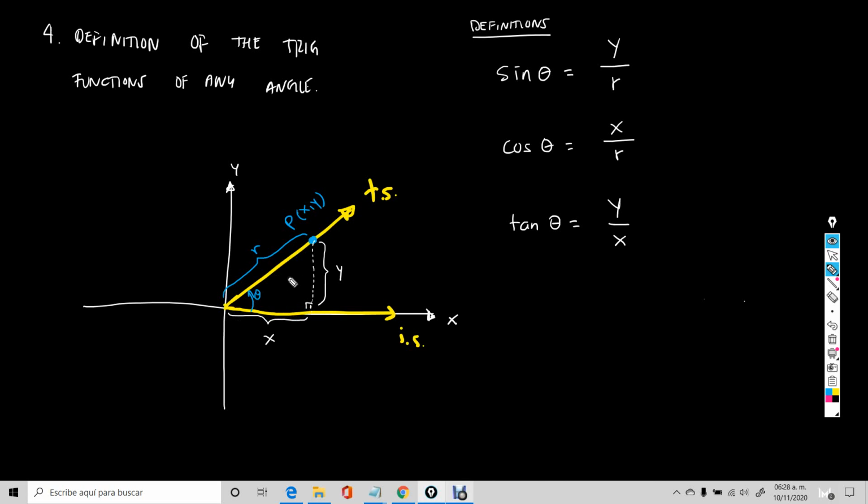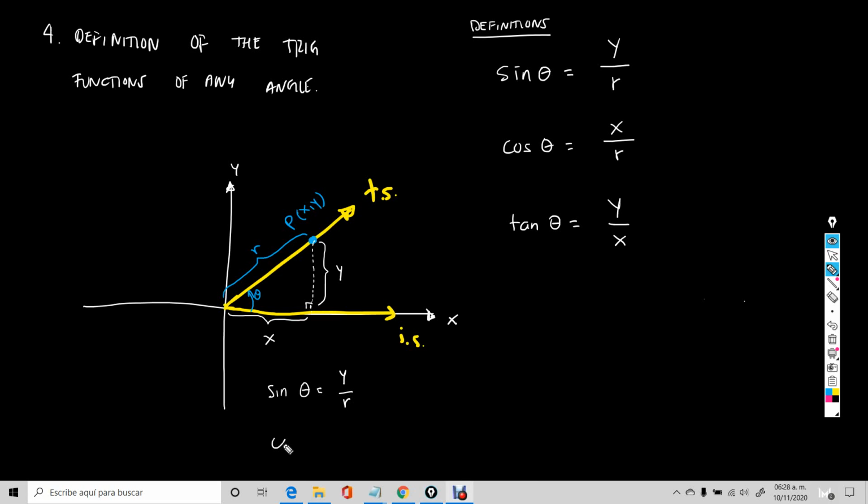Therefore, if I give you this triangle and I tell you, give me the trigonometric functions of theta, you're going to have to write, from what we have seen, that the sine of theta is equal to the opposite cathetus, which is y, over the hypotenuse, which is r.